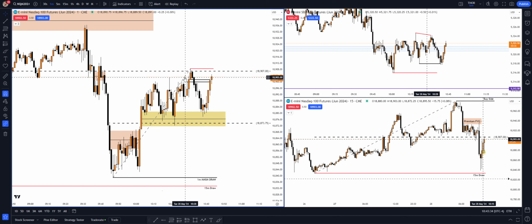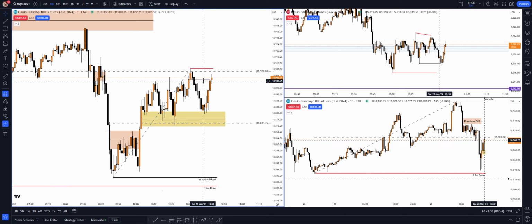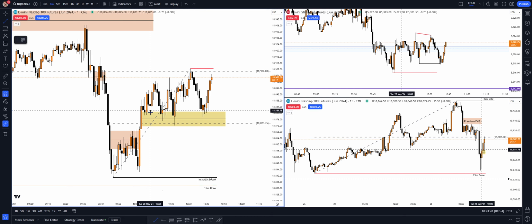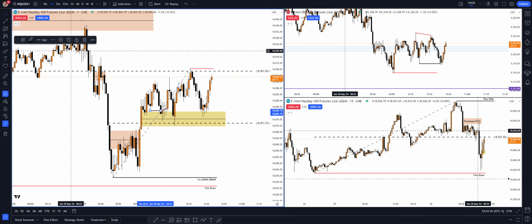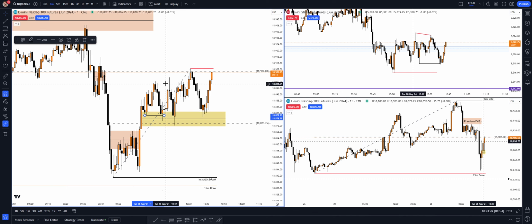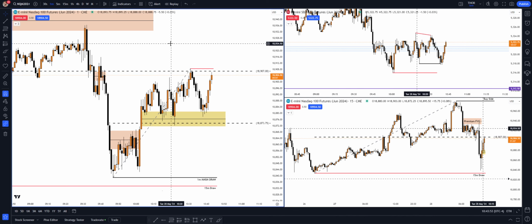Three drive though. I don't see the three drive. So here I would have said three drive at the lows. In fact, like here. But before the third low, it took the buy side, so that kind of invalidated the three drive.